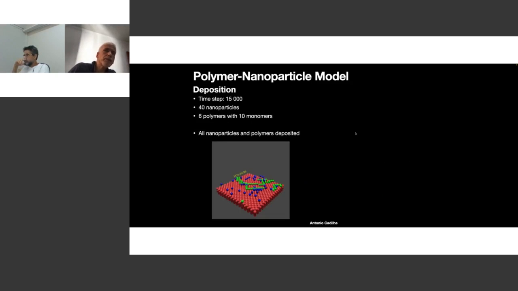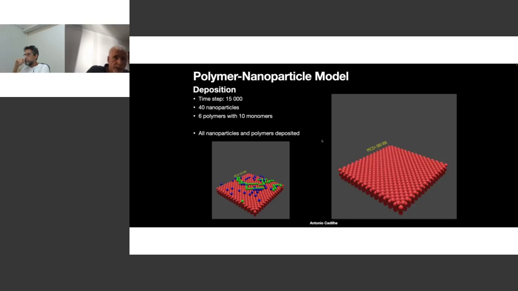In this case, for a short time and a small number of nanoparticles and polymers, it's a very clean system and very simple to observe.